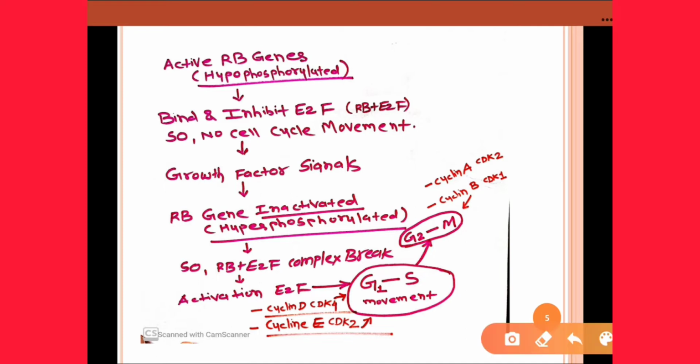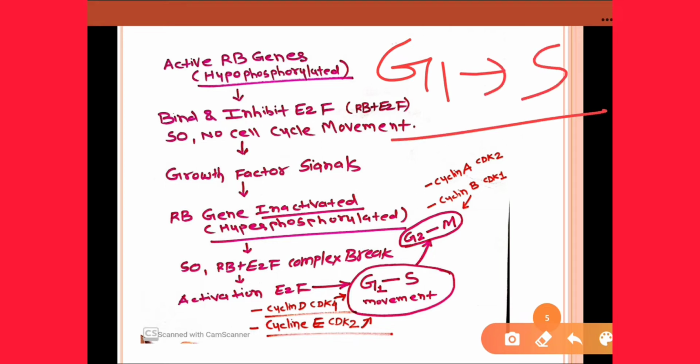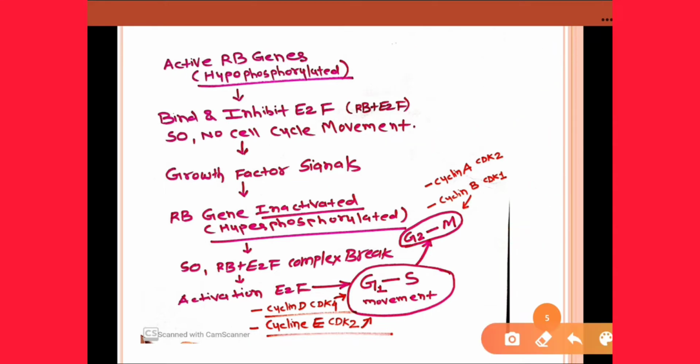So guys, first of all, the movement from G1 to S is not easy, right? It happens because of one important gene, that is the RB gene. We will see how it happens. Usually, guys, the RB gene in its active form is hypophosphorylated. RB gene is also known by the name retinoblastoma gene.